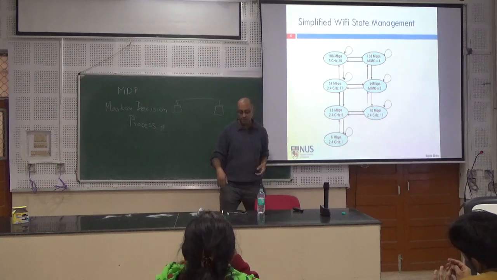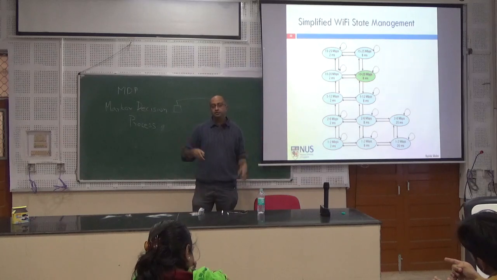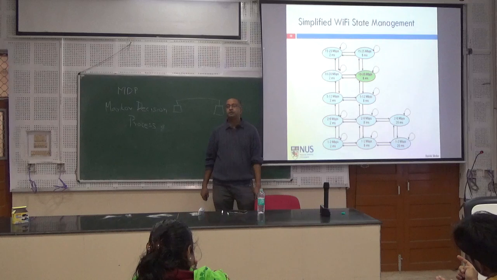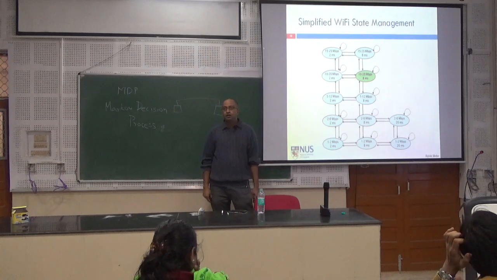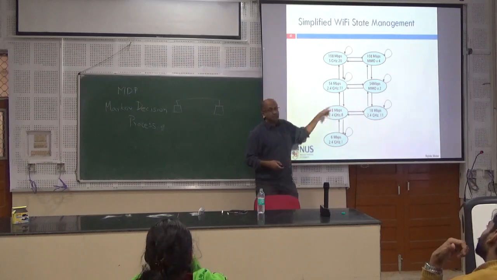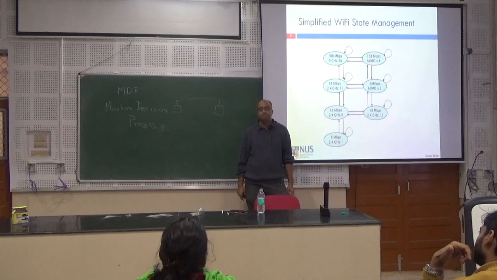That's your first job. Then you have this many states, and you create the probabilities. Next thing: here, I'm getting 18 Mbps. Here, I'm getting 54 Mbps.